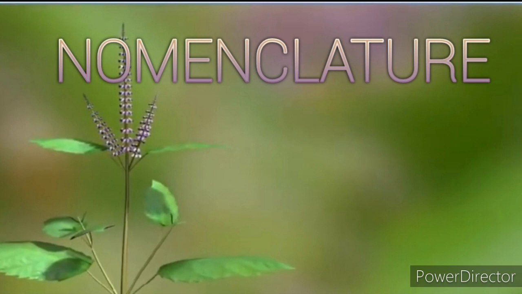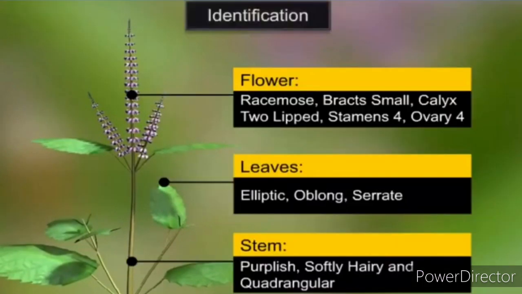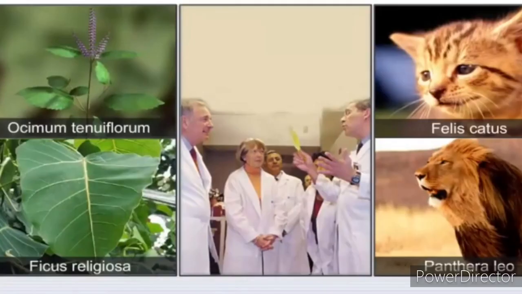Obviously, nomenclature or naming is only possible when the organism is described correctly and we know to what organism the name is attached. This is called identification. In order to facilitate the study, a number of scientists have established procedures to assign a scientific name to each known organism. This is acceptable to biologists all over the world.